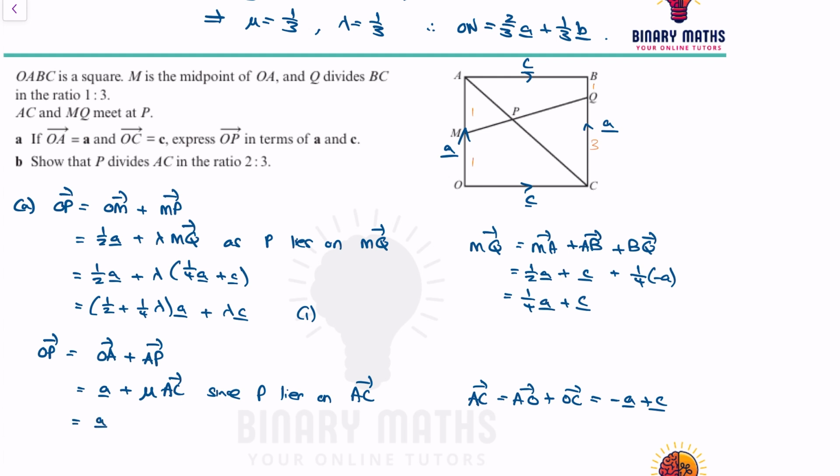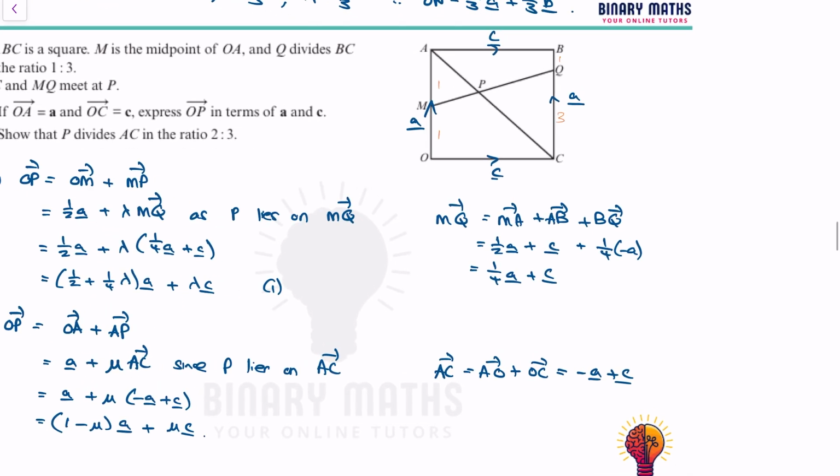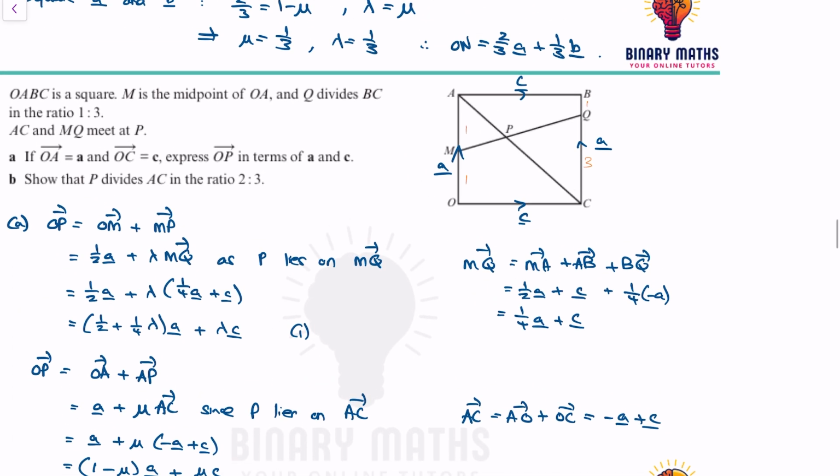So going back here, A plus mu lots of minus A plus C. I collect the A's together, I get 1 minus mu times A plus mu times C. So if I equate A and C, the first one I get is half plus a quarter lambda must be equal to 1 minus mu.